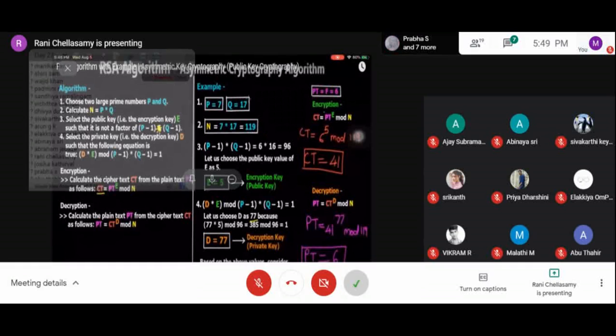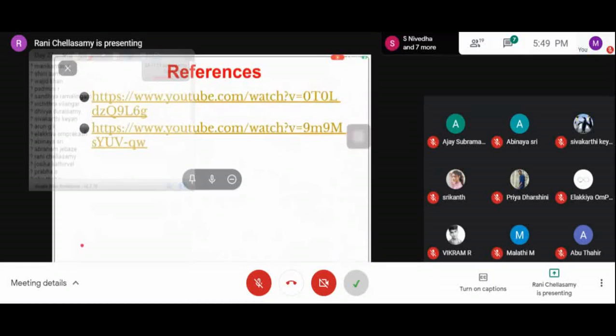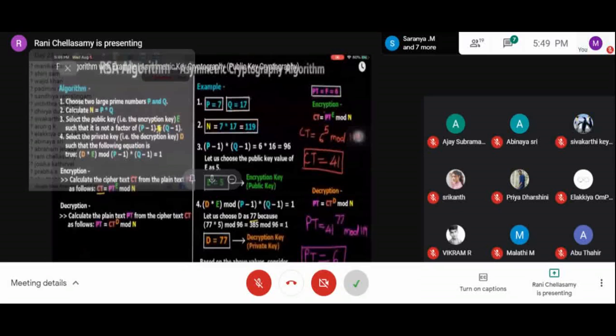Such that it should not be a factor of p minus 1 into q minus 1. Upon applying the formula, p minus 1 is 7 minus 1, which is 6, and q minus 1 is 17 minus 1, which is 16.